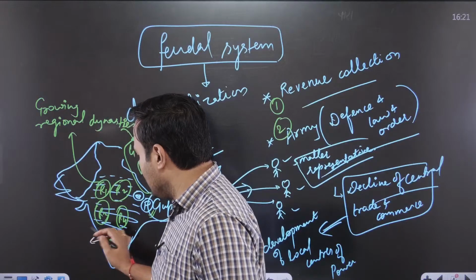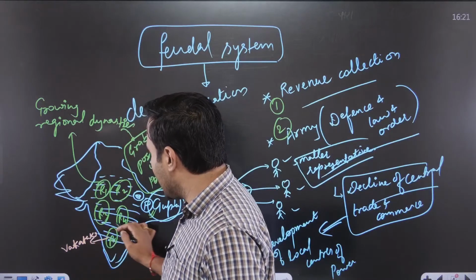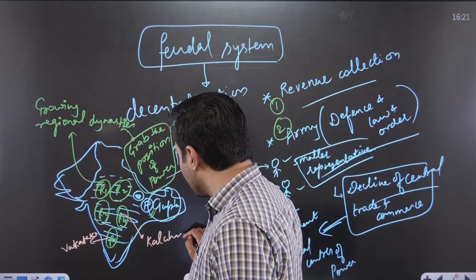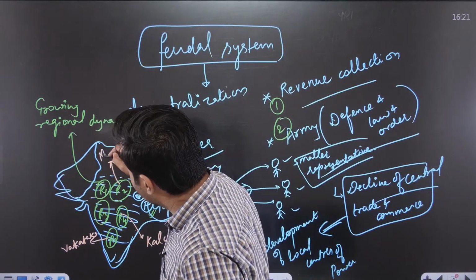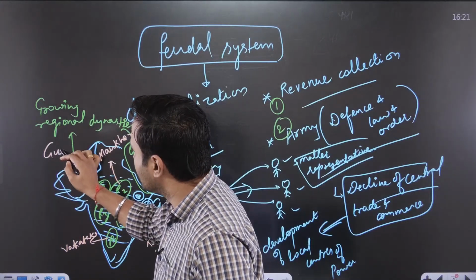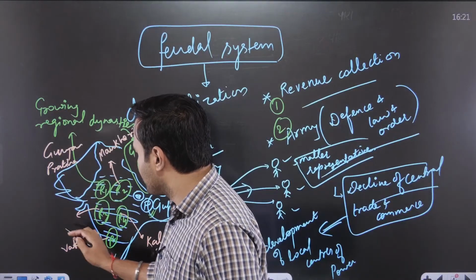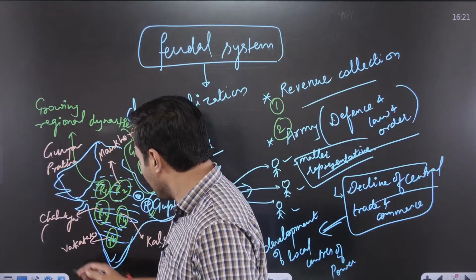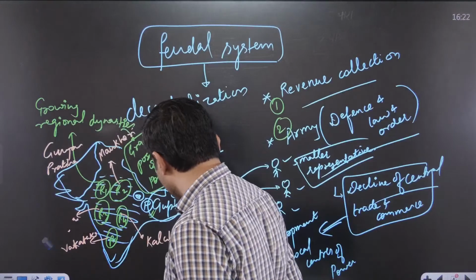Like for example, here they had deployed Vakatakas, here Kalchuris, here Maukhuris, here Gurjar Pratihars, here Chalukyas, or rather not Chalukyas, but Parmaras.